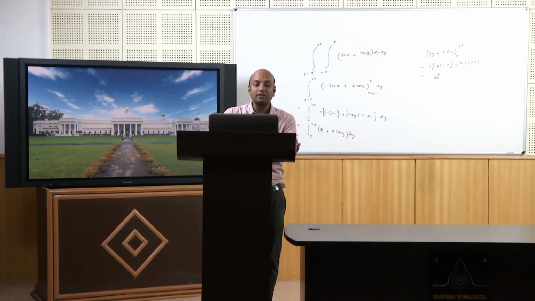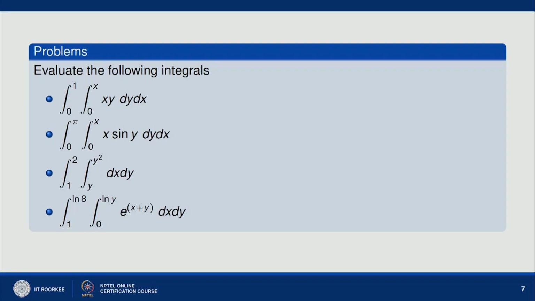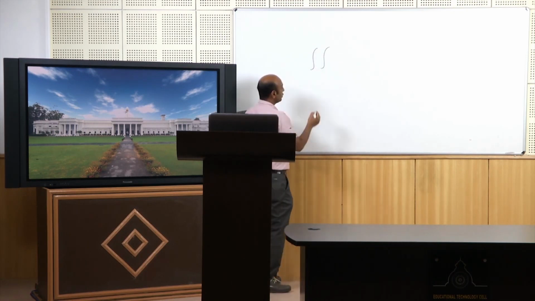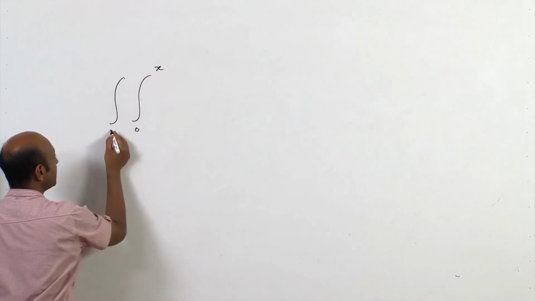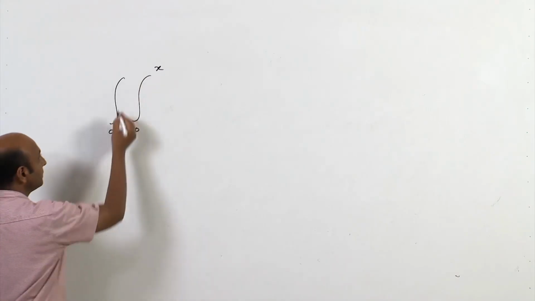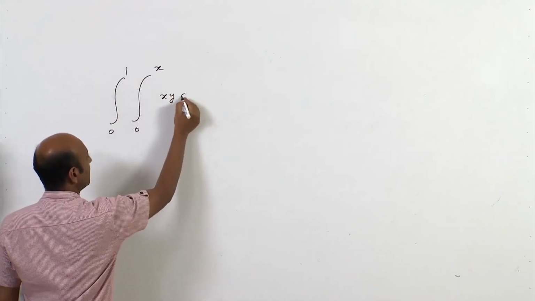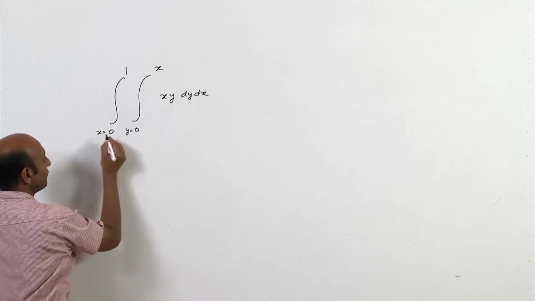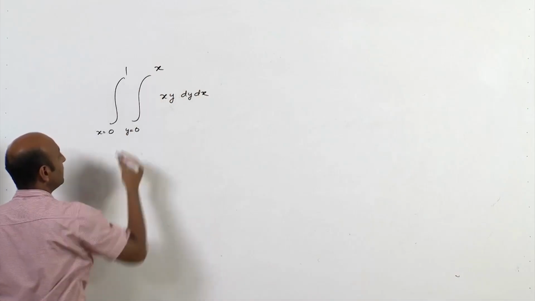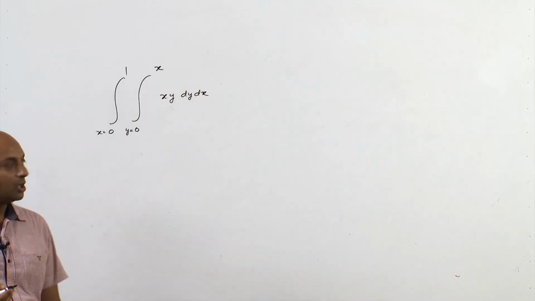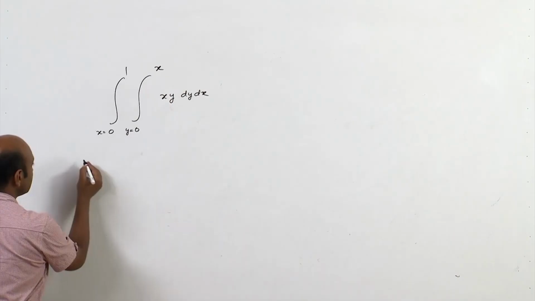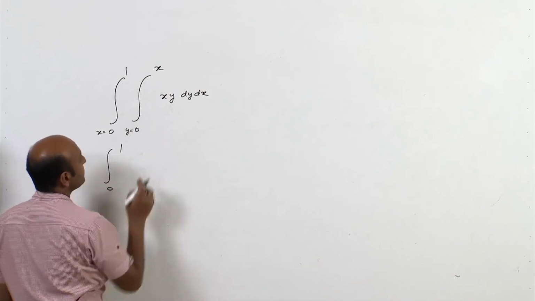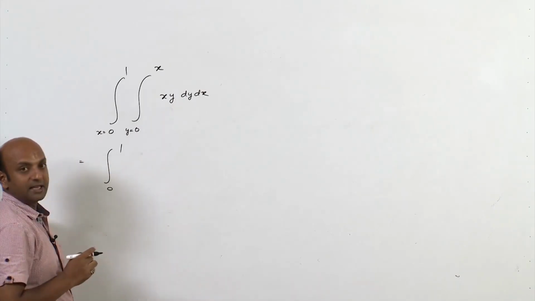Now, suppose you want to solve these problems. So, we can take the first problem. The first problem is a double integral. Here it is 0 to x and then 0 to 1, of xy dy dx. So, these are the limits for y and these are the limits for x, because y is first. So, how can you find this integral? This is integral 0 to 1. You first integrate with respect to y, keeping x constant.